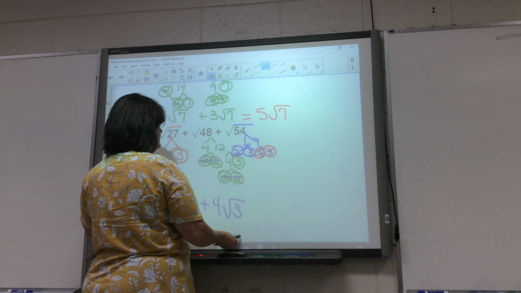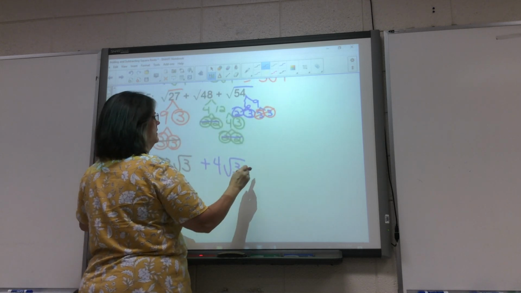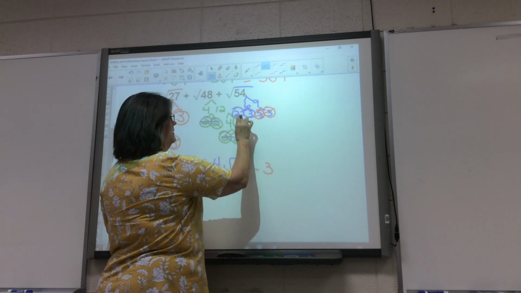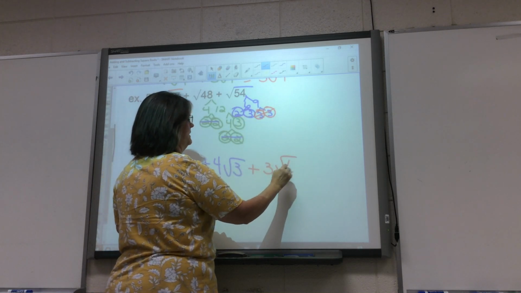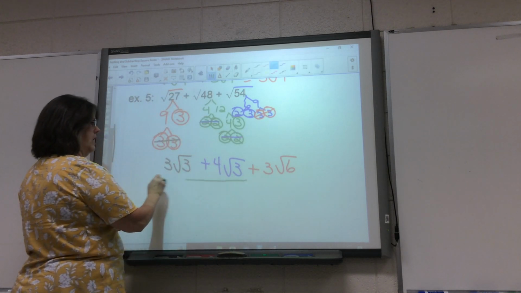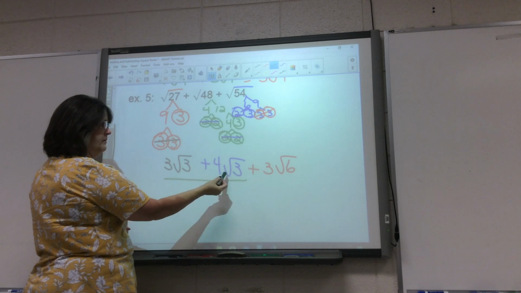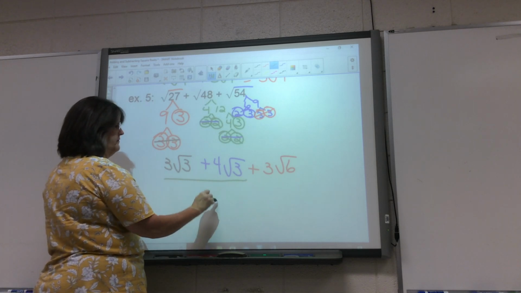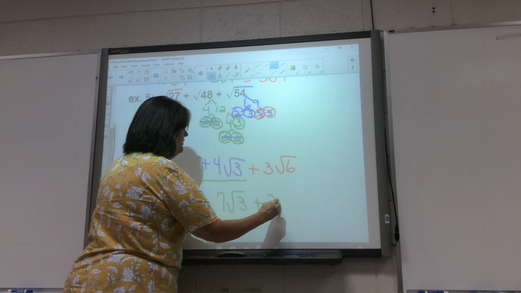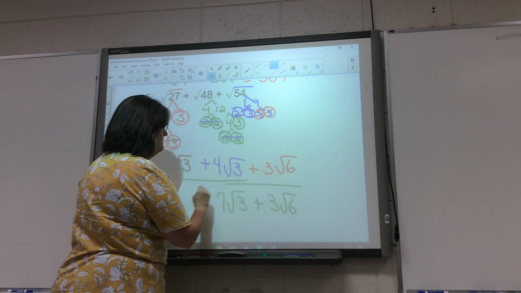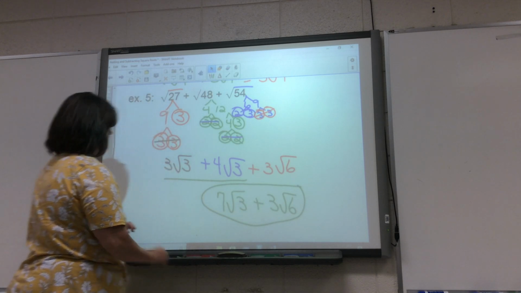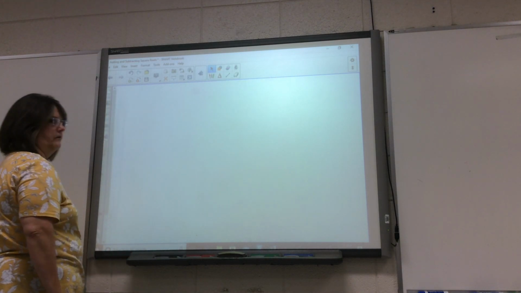So this is plus 3 onto the square root of 6. Now, these two are like, that one is not, so I'll put these two together. 3 plus 4, 7 square roots of 3, plus 3 square roots of 6, and that's my final answer. If they don't go together, they just don't go together. Okay, thank you.